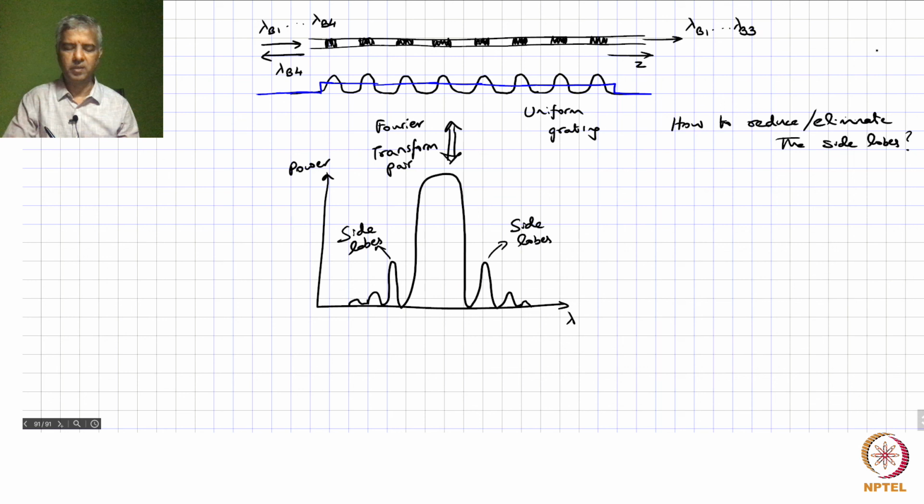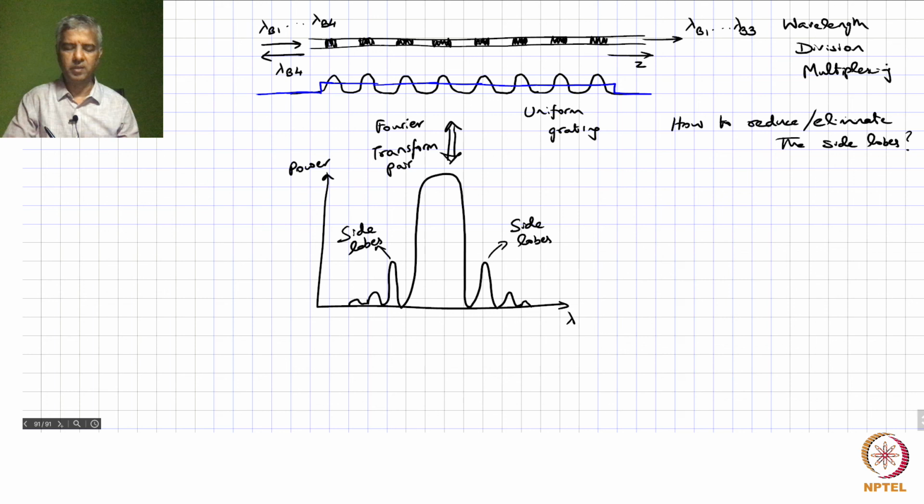Okay. So, this is a very nice application called wavelength division multiplexing, right. That was a very popular application for fiber Bragg gratings back in the 90s.